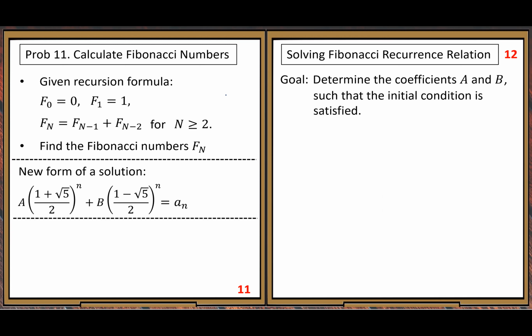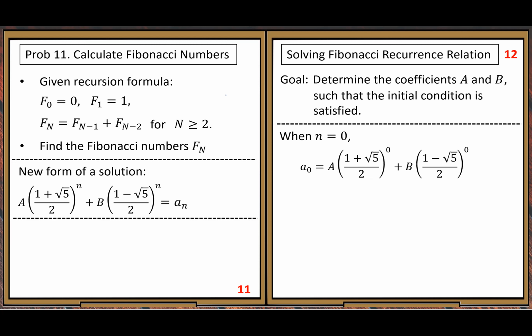When n equals 0, let us plug n equals 0 into the formula expression: a0 is F0, which is 0. So capital A plus capital B should be 0, so B equals negative A.